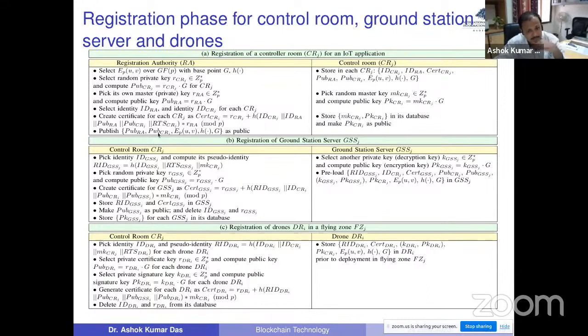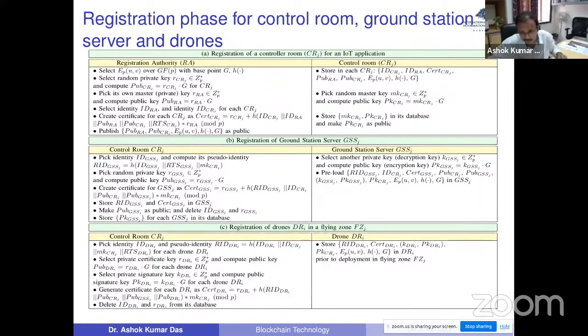Then it creates a certificate on behalf of the control room, using the private key of the RA. This means the certificate can only be created by the RA, and no one else, including the control room, can create it. Therefore, forgery of the certificate cannot be done by anybody else.